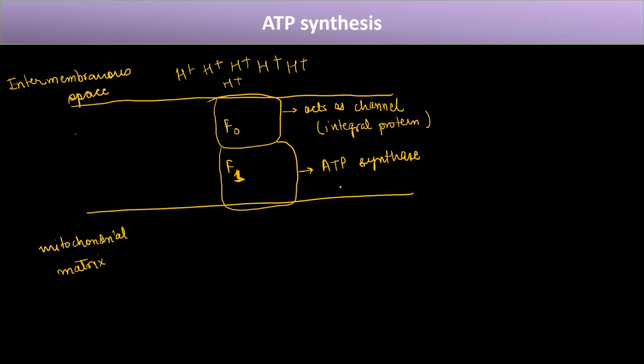And this F1 particle is extrinsic. So I have drawn it a little incorrectly. It should be extrinsic, so it is mostly located outside. Some part will be between the membrane, and then it is mostly located outside. Now what happens to this hydrogen ion?